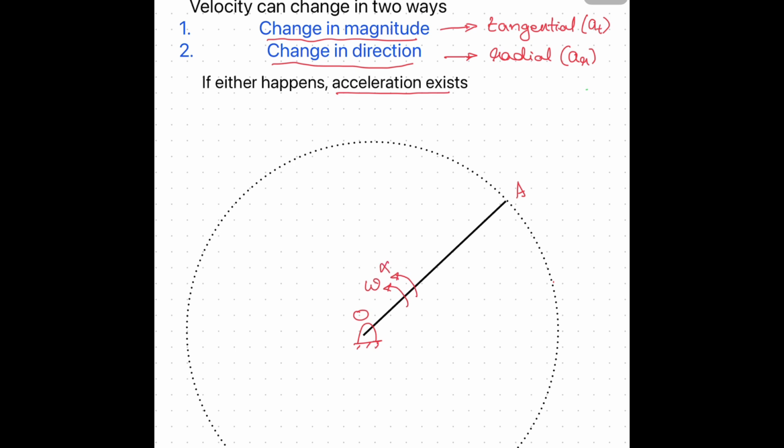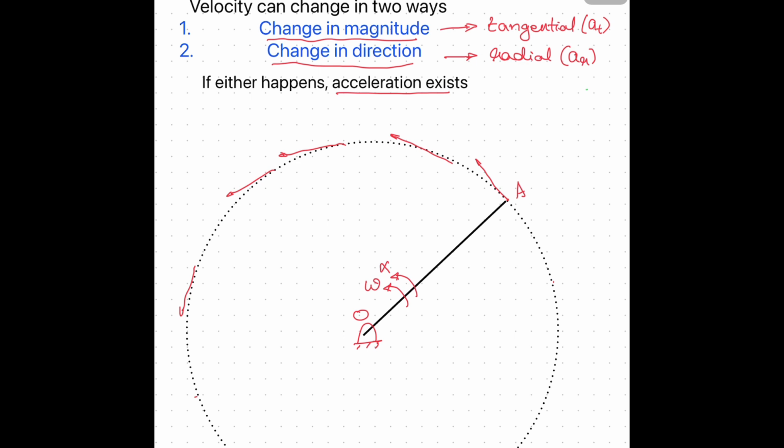The velocity of A is tangent to the path. This is the tangent. This is the velocity of A.